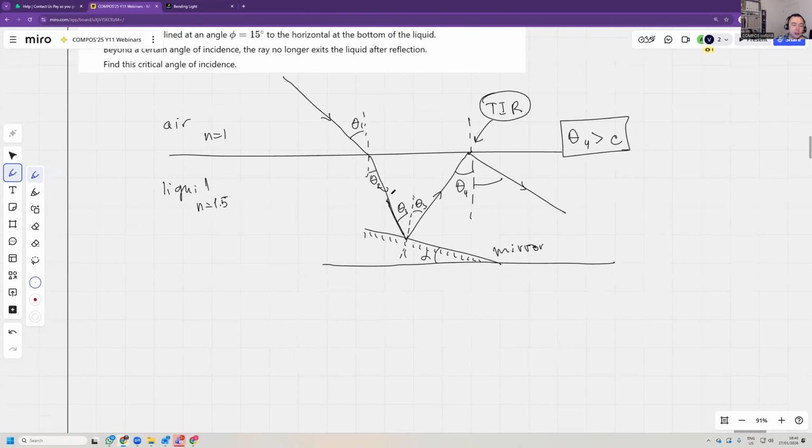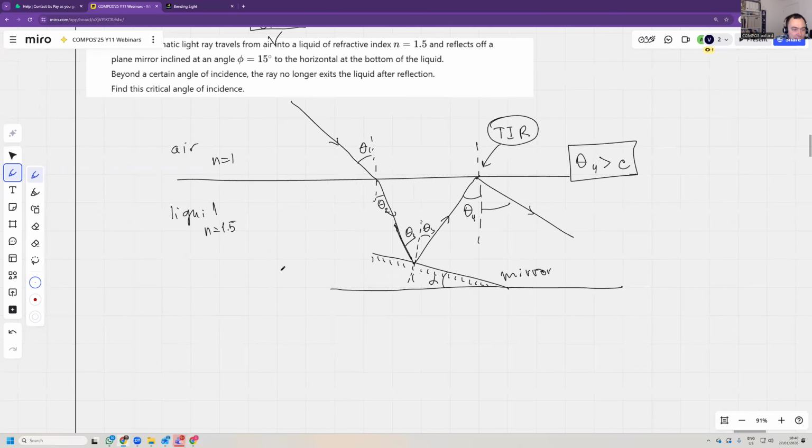First of all, we need to find theta 2. Oh, sorry, we're looking for theta 1.